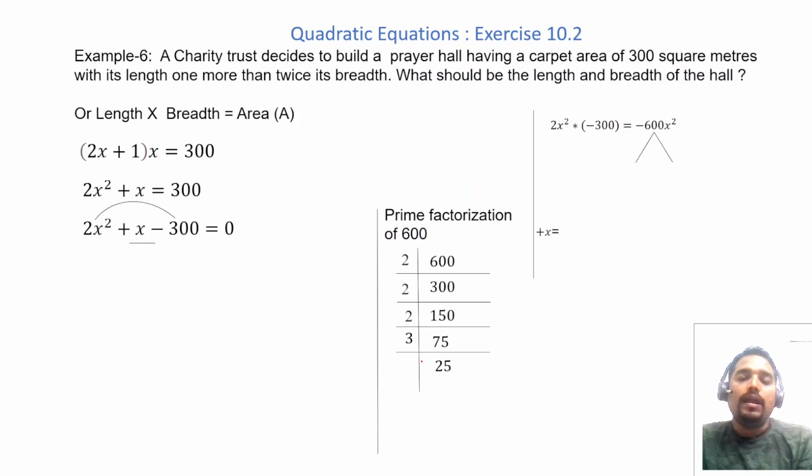next number, and this is odd, so it cannot be divided by 2, neither can it be divided by 3 because 2 plus 5 is 7, and 7 will not be available in the 3 table. Therefore 5 fives are 25, 5 ones are 5.